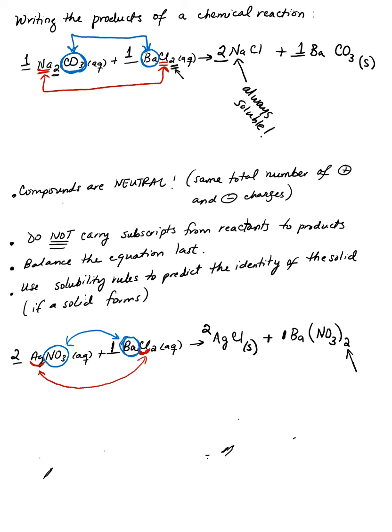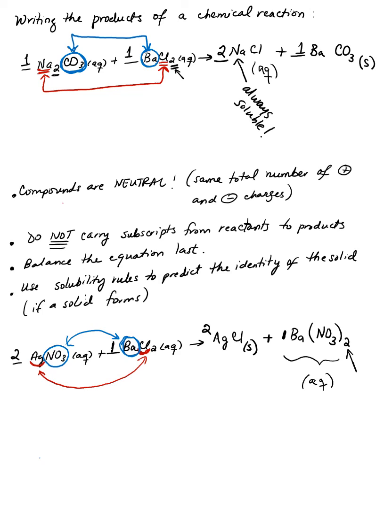Now you can check your solubility rules for the second one just to make sure. Look, barium nitrate. Nitrates are listed as always soluble. Your nitrates can be combined with any positive ion, and that combination will always give you a compound soluble in water. So that barium nitrate is an aqueous substance.